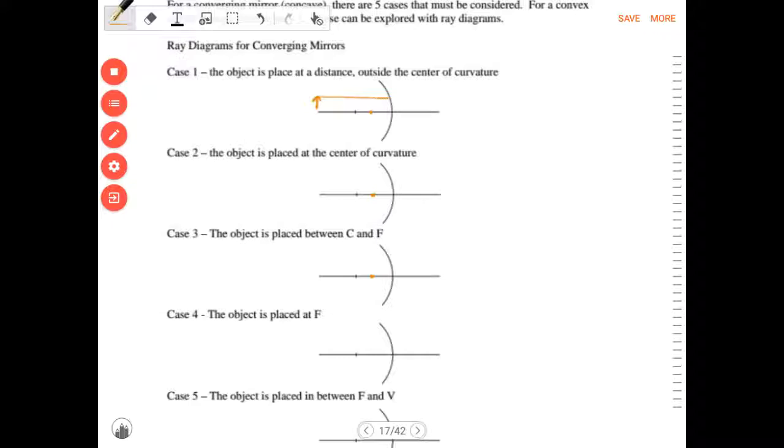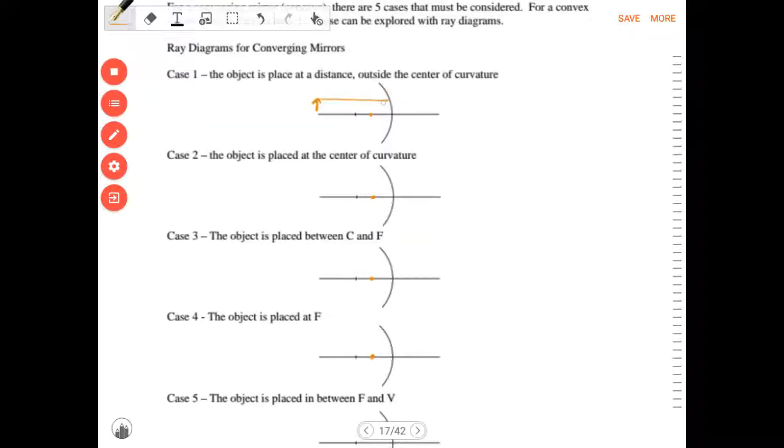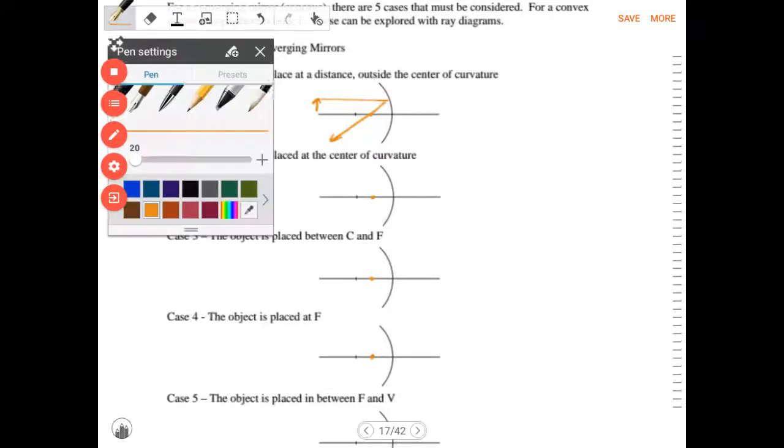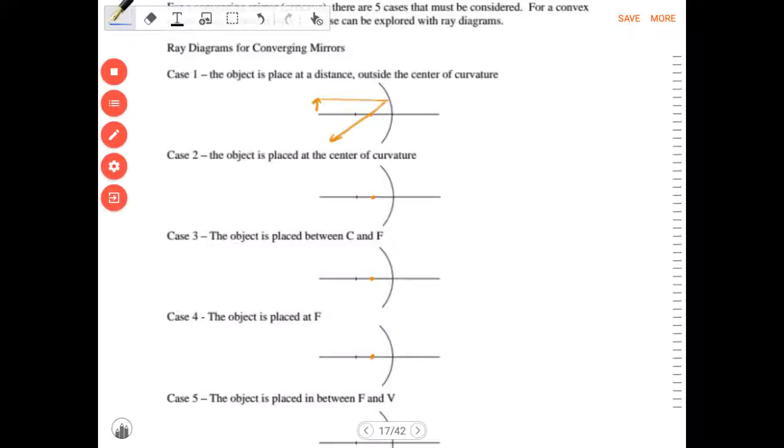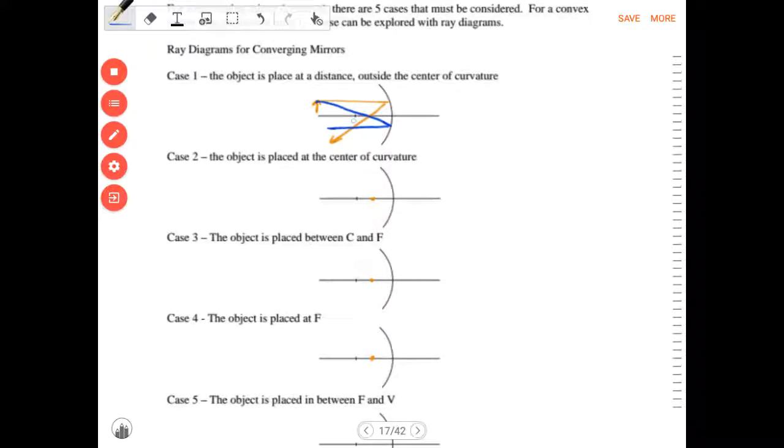But, oh well, we can do that now. Then the second ray goes through the focal point and then bounces straight out. And then we have our image right there.